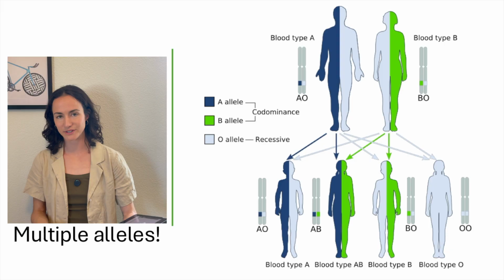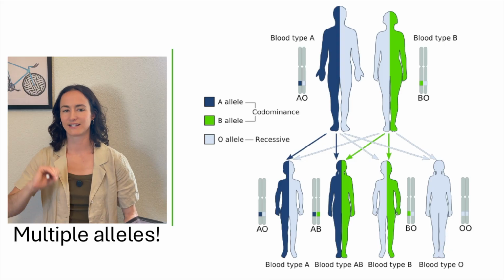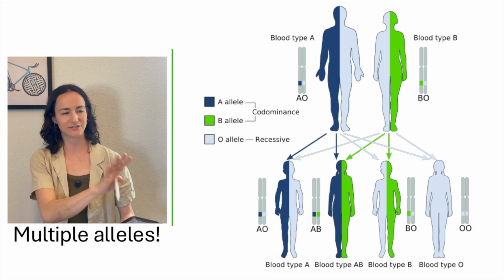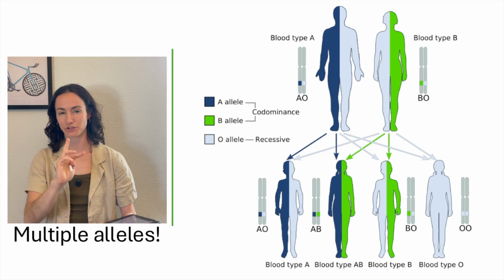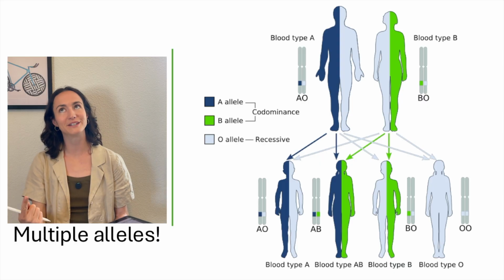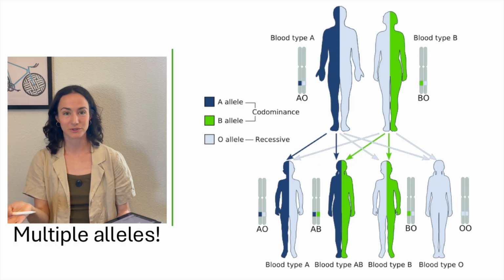So clearly you can see that this isn't following that 75%, 25% phenotypic variation that we see when we usually cross heterozygotes if it's a completely dominant allele and there's just 2 alleles.